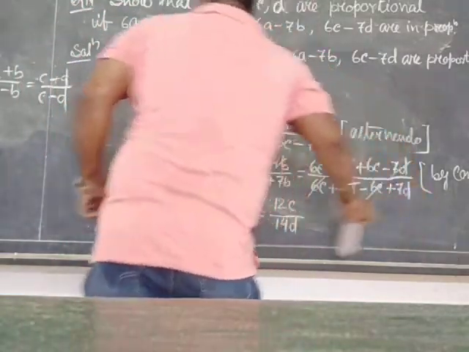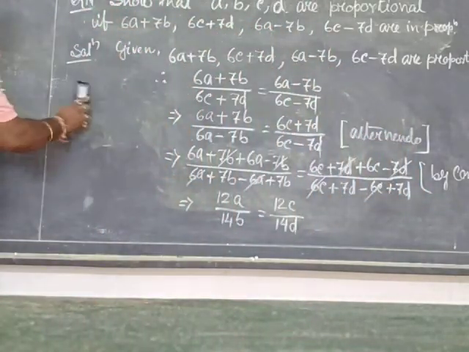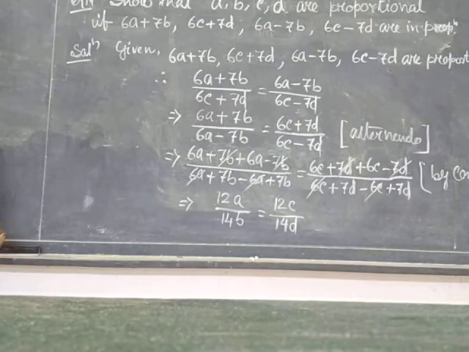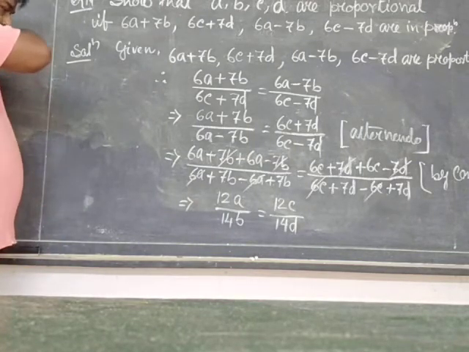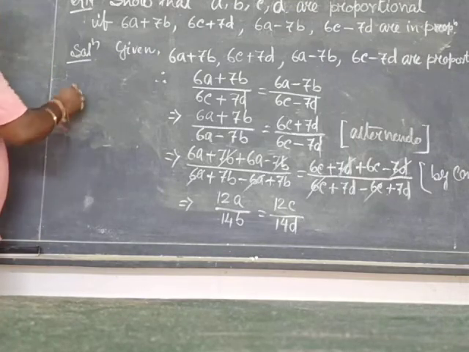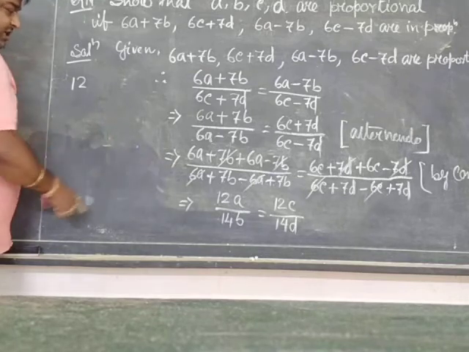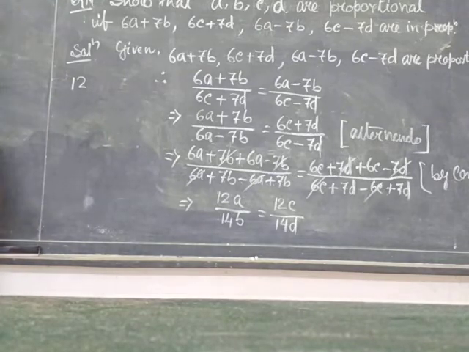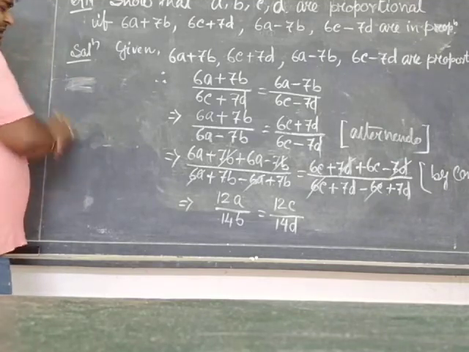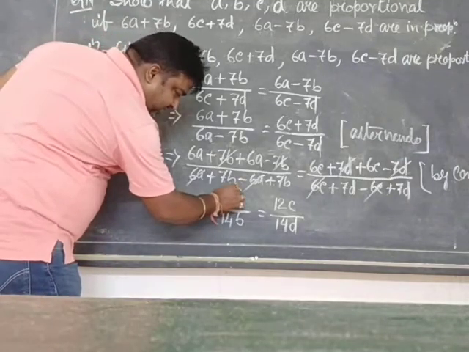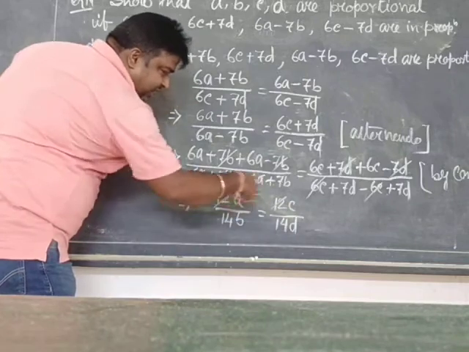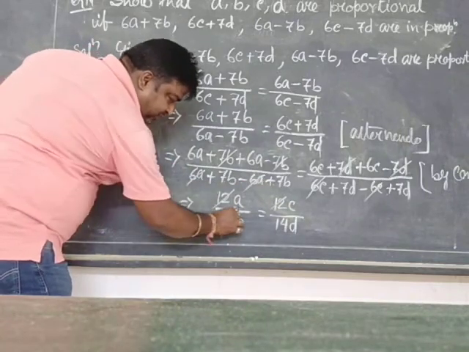Now I am doing the last part. This 12 and 12, both are in the antecedent, so we can cancel them directly. 14 we can cancel.